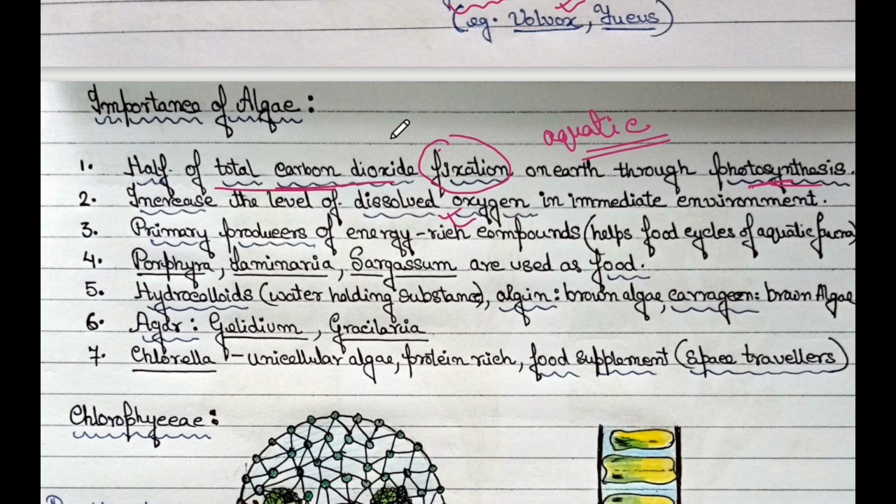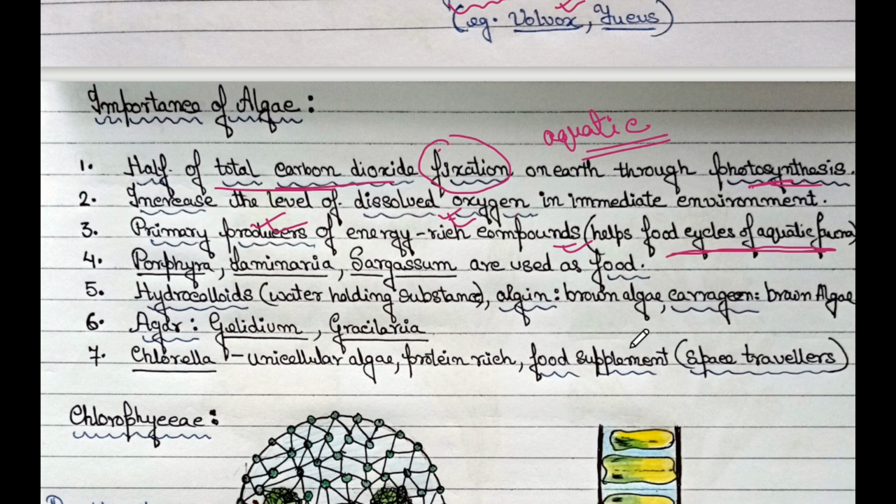So one is carbon dioxide fixation through photosynthesis, which results in increased level of dissolved oxygen, and it is again the primary producer of energy rich compounds in its environment and helps the food cycle of aquatic fauna, that is aquatic animals.